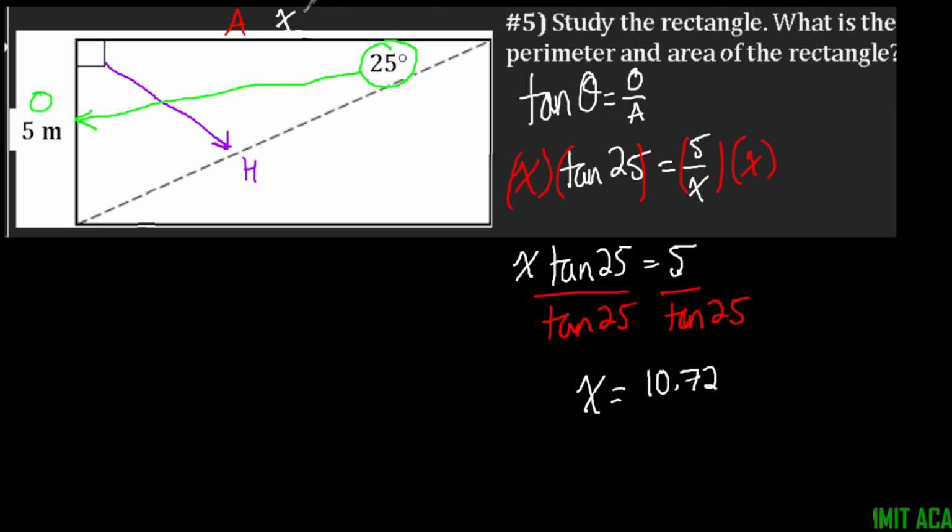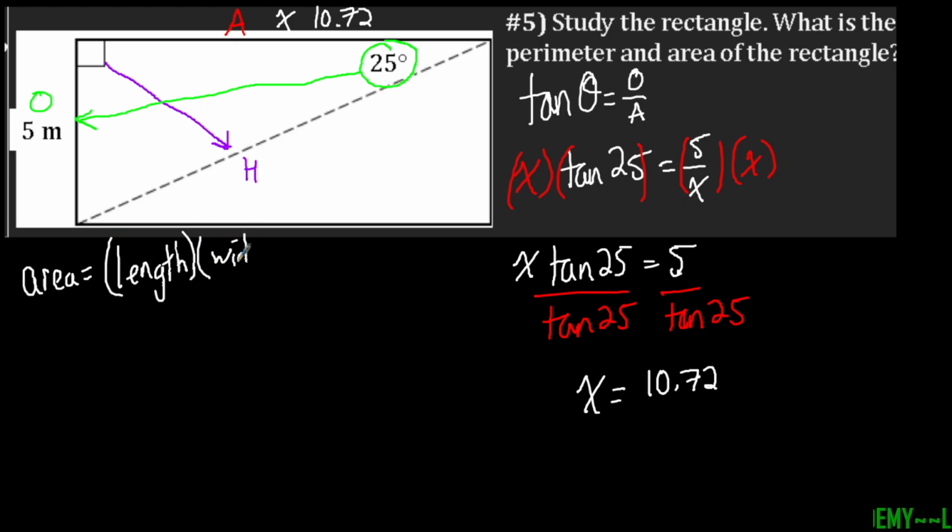But what we can do now is, if this is 10.72, your area is really easy to find. Area equals length times width, which is just those two side lengths.